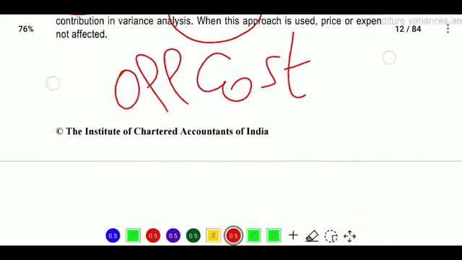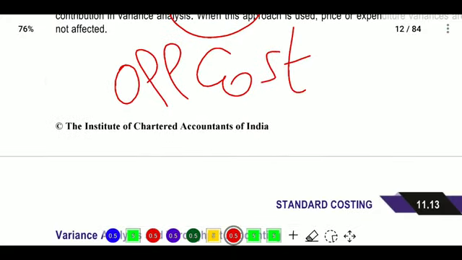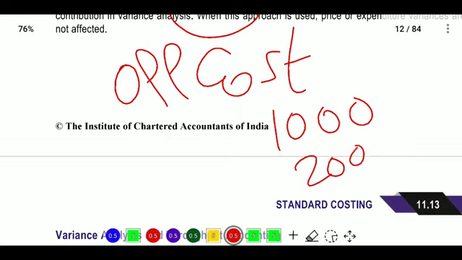If you are doing one business and you want to shift, for example your normal capacity was 1000 and internally we want to use 200.